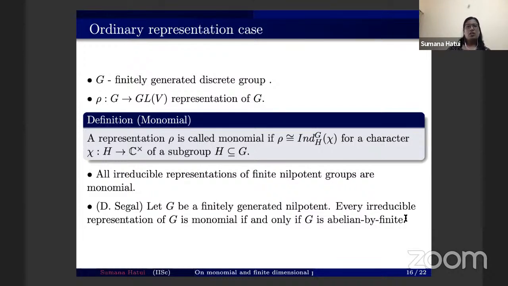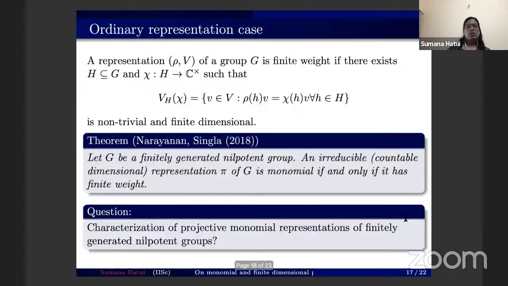Another characterization was given by Ikenarayanan and Singla for the ordinary representation case. We can define a finite weight property. A representation rho of G is said to have finite weight if there exists a subgroup H of G and a character chi such that V_H,chi, the set of v with rho(h)v equal to chi(h)v, is non-trivial and finite dimensional.